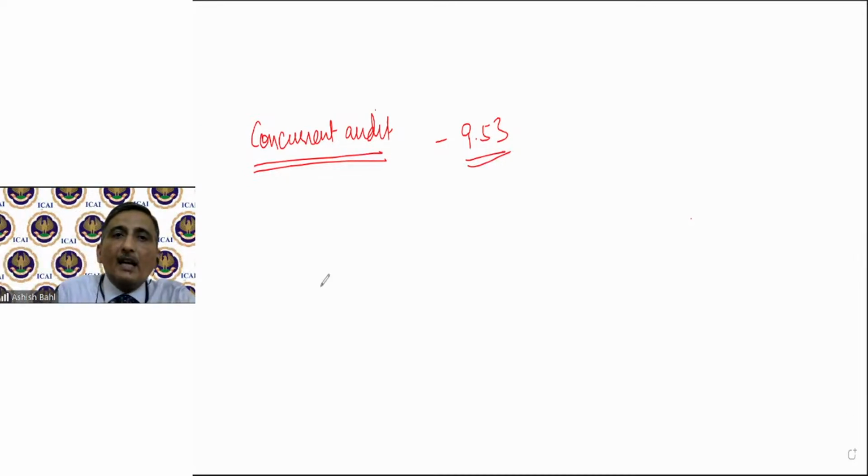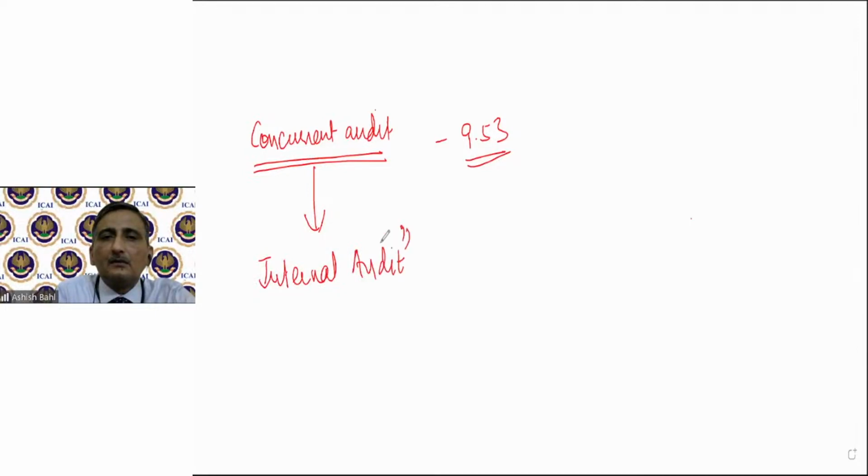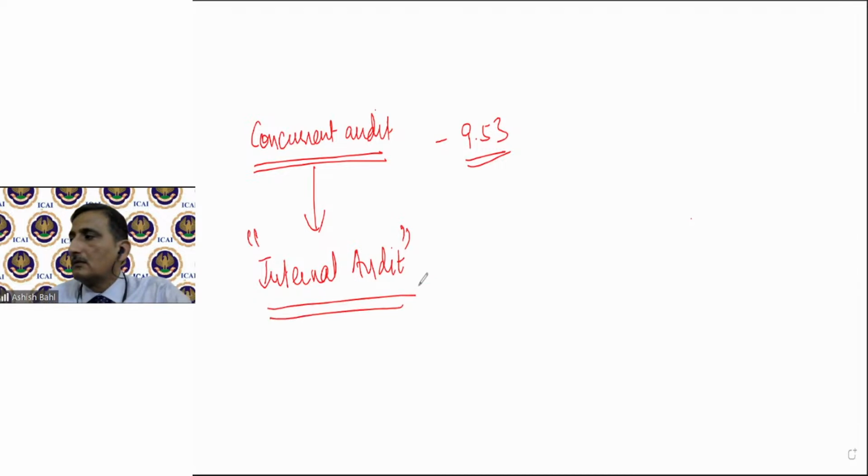Guys, you have not been able to pick up a very simple basic point till now. Concurrent audit is similar to internal audit. Why didn't this occur to you? Concurrent audit is a sort of internal audit.